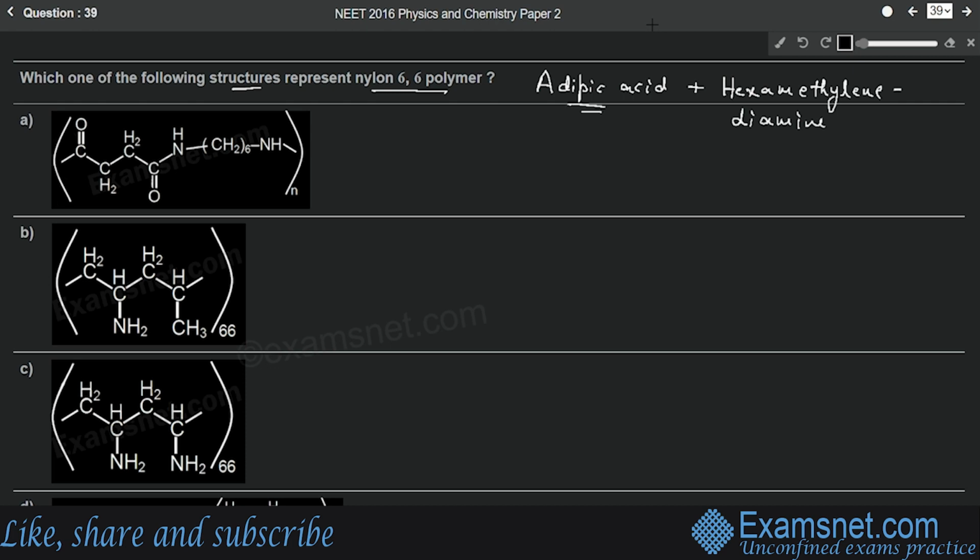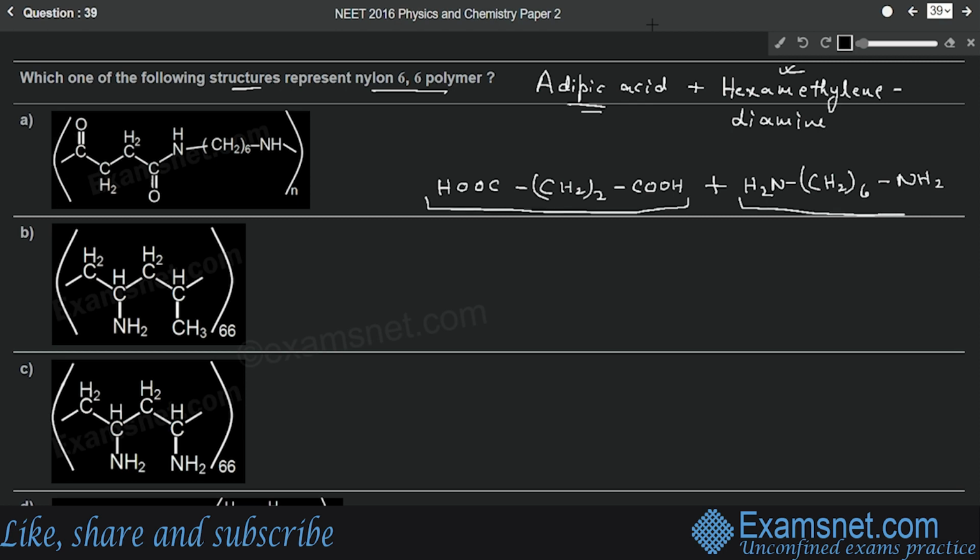We have four CH2 groups here and then a carboxyl group on either side. This is your adipic acid. And hexamethylene diamine means 6 CH2 groups and 2 amino groups. So this is your adipic acid and this is hexamethylene diamine.